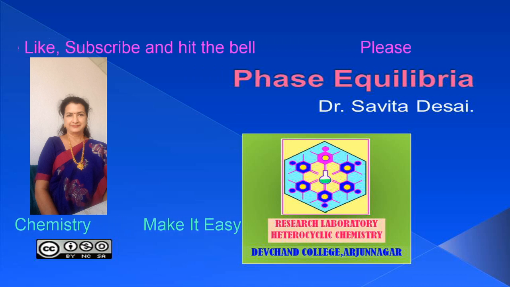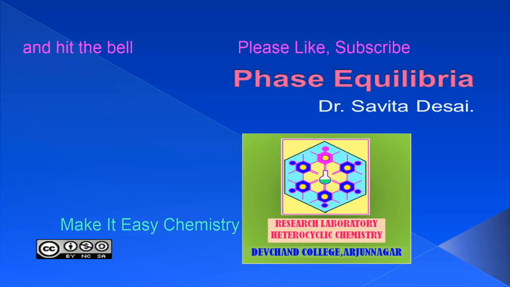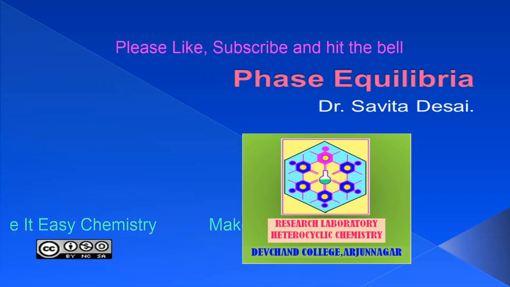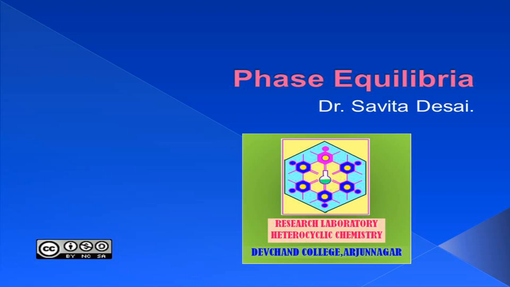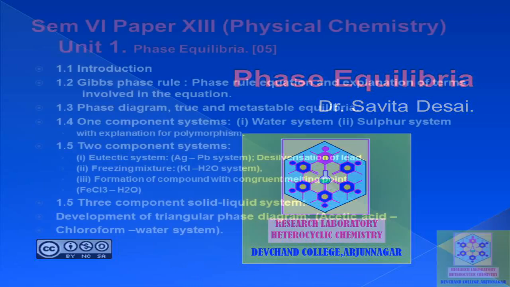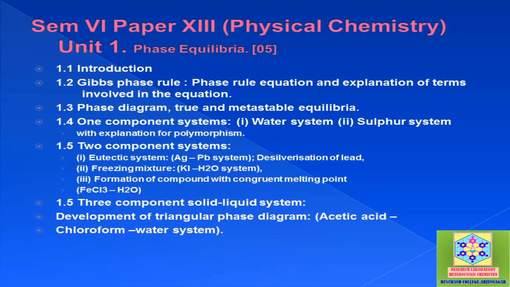Today I am going to discuss with you the topic phase equilibria. This is the topic for 5 units included in the syllabus of Shivaji University, Kolhapur, of BSc Chemistry, Semester 6, paper number 13.